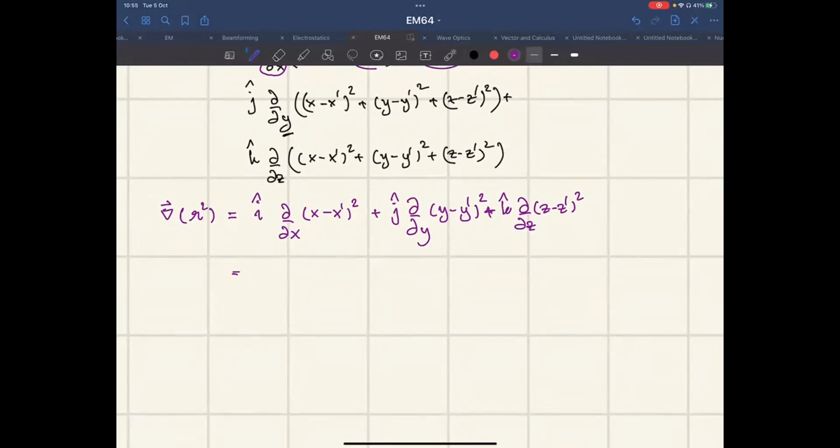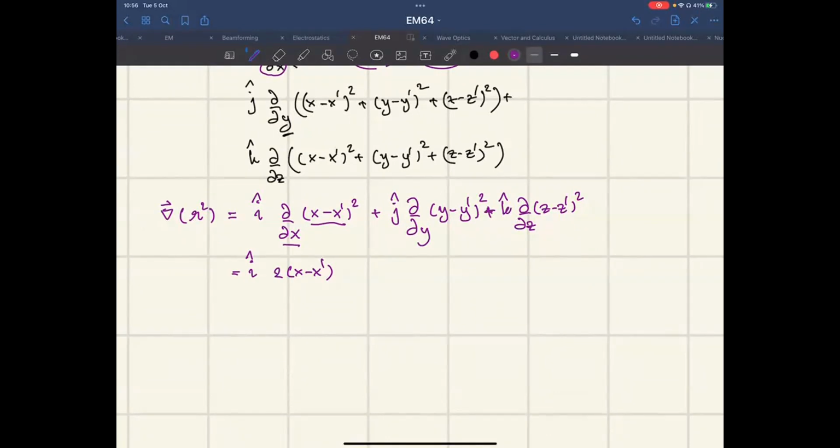So now it's really simple. What do we have here? So we take the derivative with respect to x here. So it becomes I here. And we take the derivative with respect to x here. It becomes 2 times x minus x prime here, right? And you multiply it with what? 2 here.